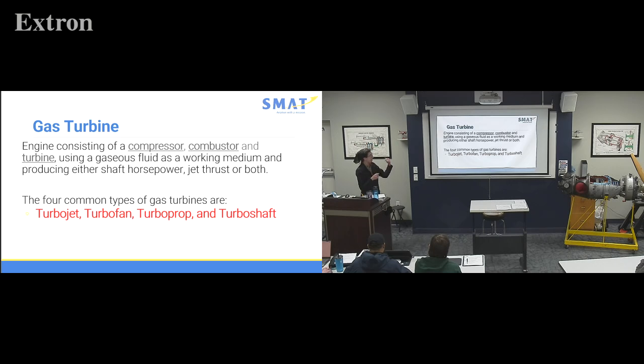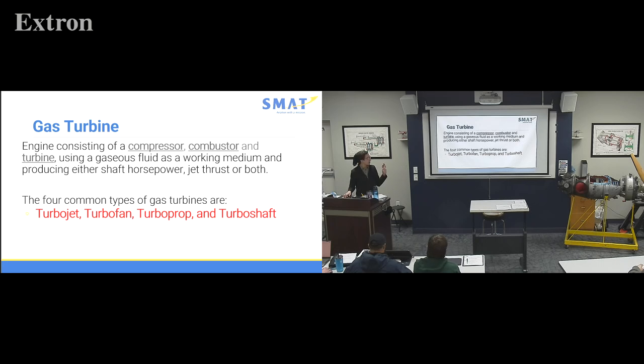All are types of gas turbines. We're going to talk about turbojets, turbofans, turboprops, my favorite, and turboshafts. Those are four you need to be familiar with, how they are different, which we're going to talk about.